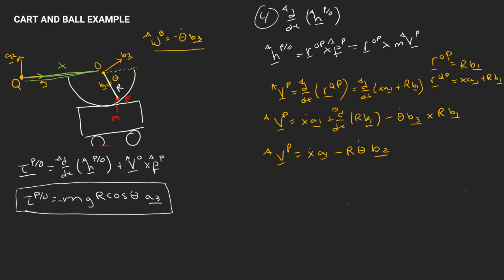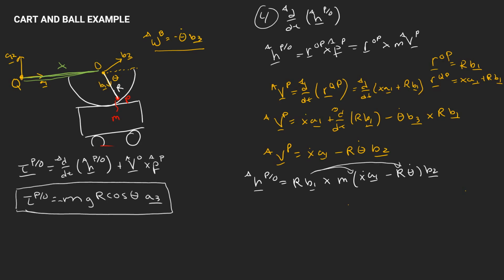So now we can go back and plug this in. For our angular momentum term, we have ROP, so that's RB1, crossed with m times X dot A1 minus R theta dot B2. So of course we're going to have to distribute this out.